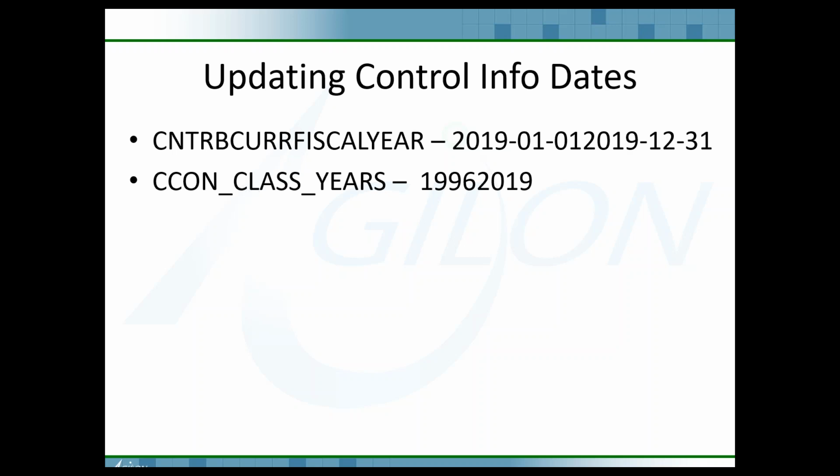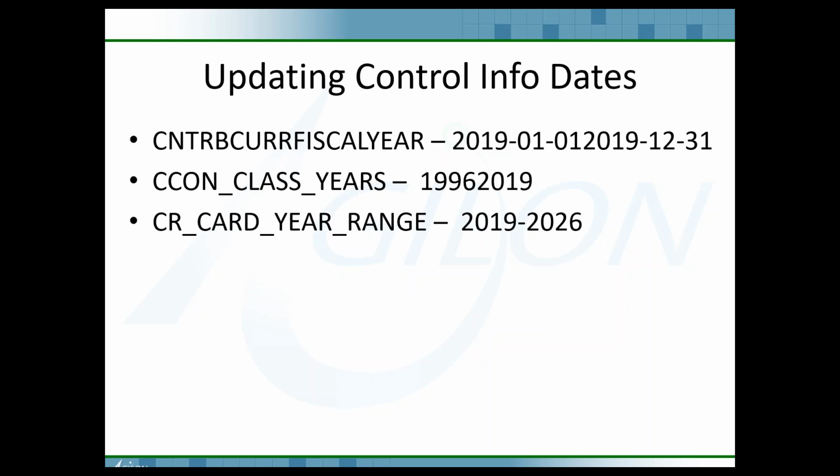If you're using CCON, there is a control info record for that, based on the CCON class years. So I have put a range in there for that. And then also your credit card year range, a range that will state valid credit cards.